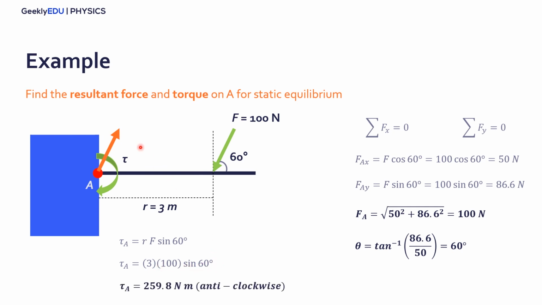This gives us a torque on A of 259.8 newton meters. This force is making the beam turn in the clockwise direction, so our reaction must be in the anti-clockwise direction due to this resultant force. Okay, so that's it.